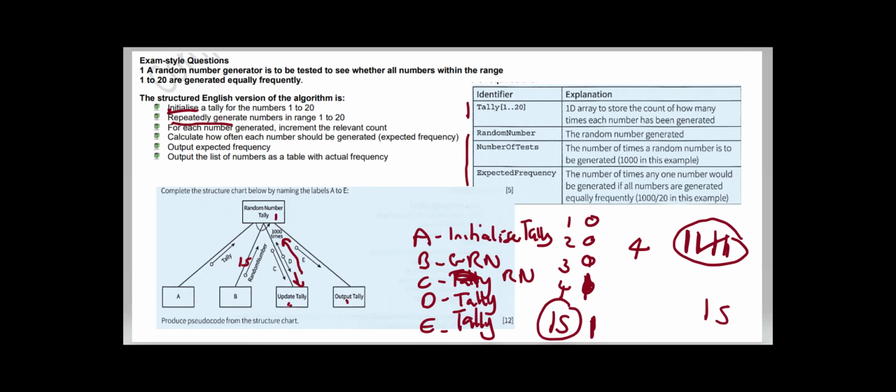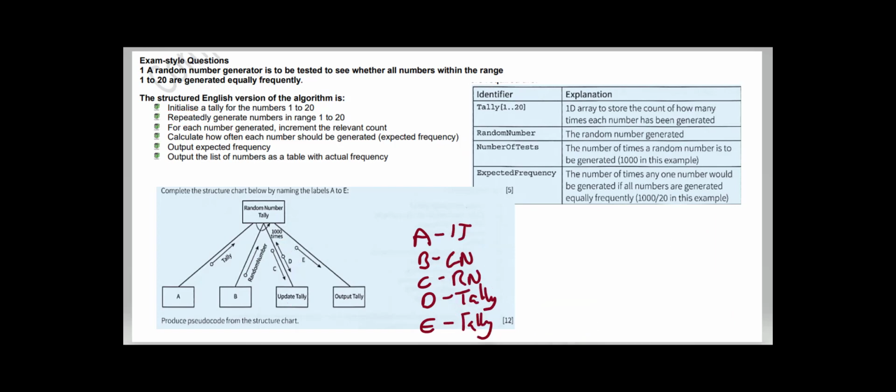Okay. What I'd like to do now is pseudocode for this. Give it a go. Pause the video. Okay, so what I've done is I've just initialized these variables to make it easier. So what I'm going to do is turn this into pseudocode. So what we want to do is initialize a tally for the numbers 1 to 20 and store it in the array.